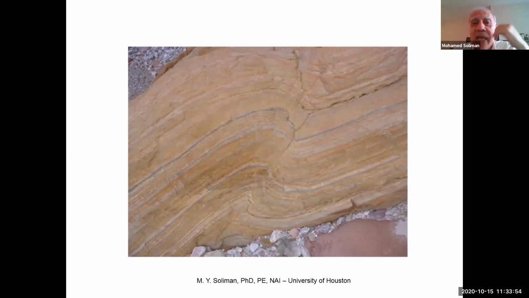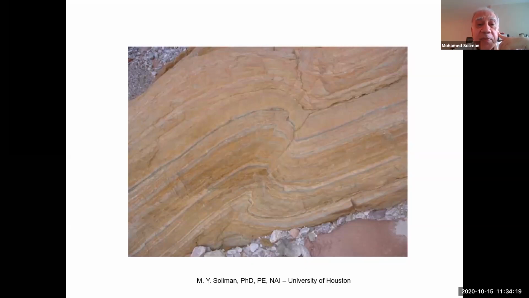That's the reason we see an anticline and all this geologic formation. So you can see this right-hand side dropped below the left-hand side part of the rock. That is reverse faulting.